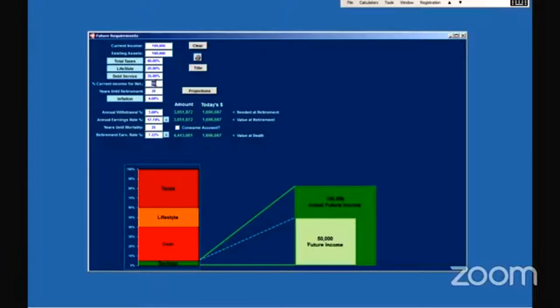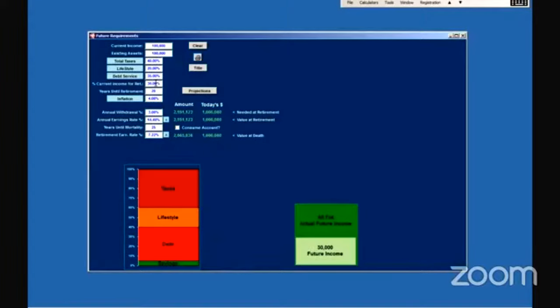And if I want to be even crazier than that, and I want to use 30%, I'm going to live on 30 cents out of every dollar that I have been earning while I have been employed, but I'm going to reduce my income by 30% in retirement. Well, you still need a 14.48% rate of return every single year until the day that you retire, and then you're going to need a 7.22% return every year thereafter until your mortality at age 90.